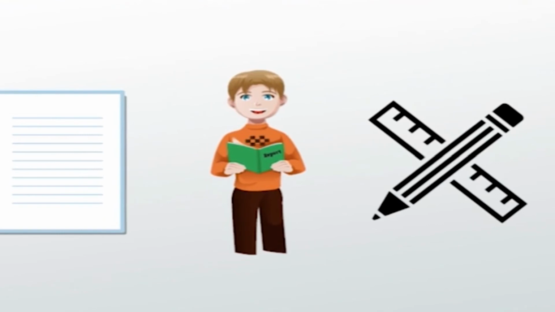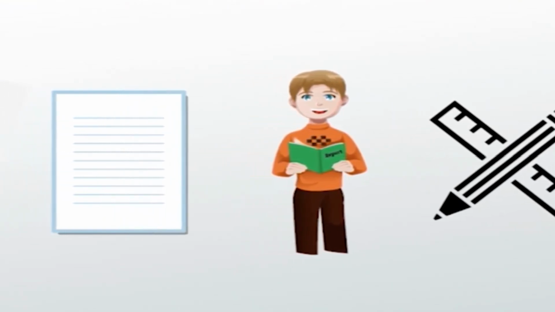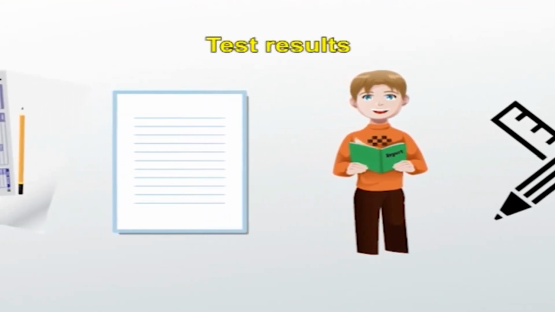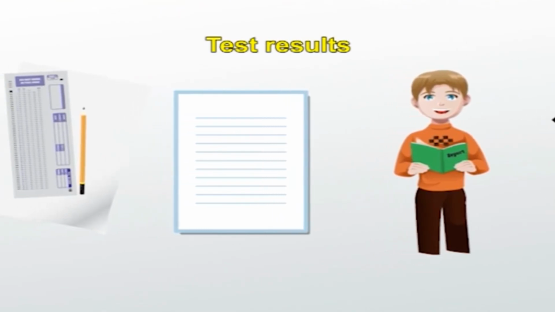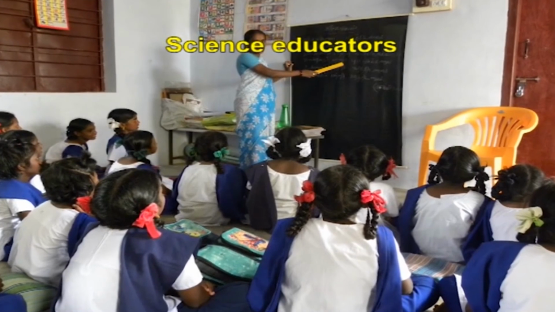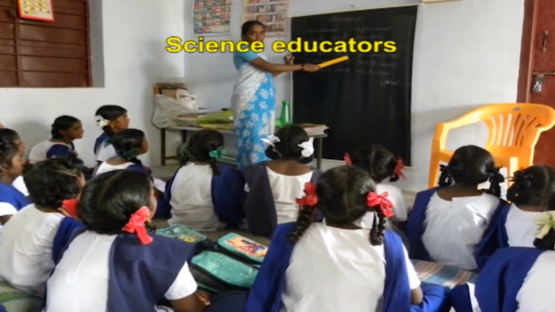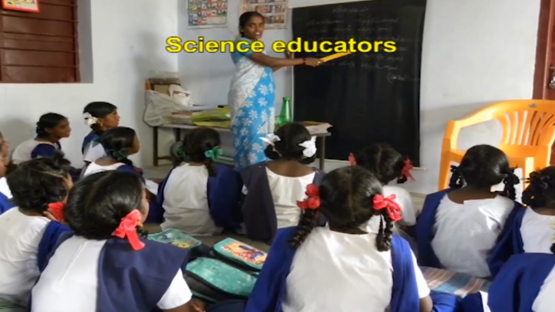One very important point that teachers should keep in mind when testing students with visual impairment is making sure that test results reflect their knowledge and skills, not their disabilities. Science educators should address alternative assessment methods for students with visual impairment in pre-service teacher education.